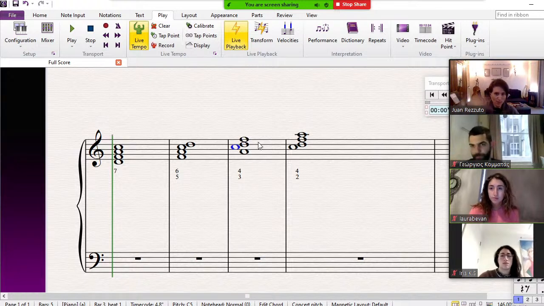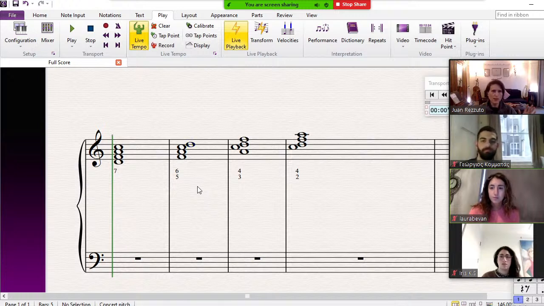The lower number comes first because it's from the bass to the higher note, to the next one. That's 3, 4. The one we're missing is a 6. 6-5, 6 is the same thing. We say 6-5. But the first interval that appears from the bass to the highest note is the 5, and there's the 6.